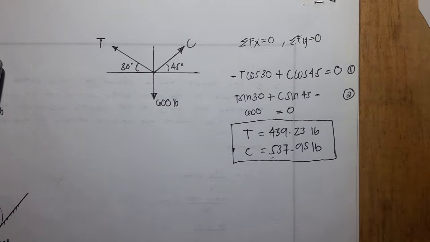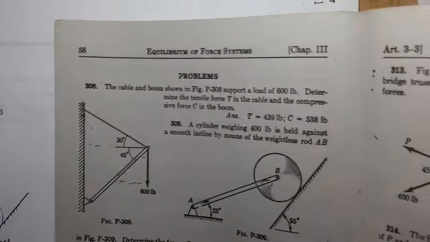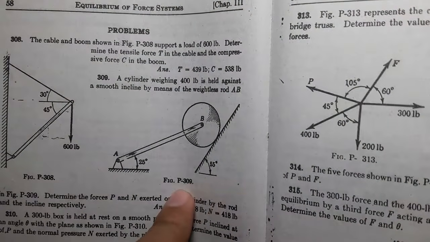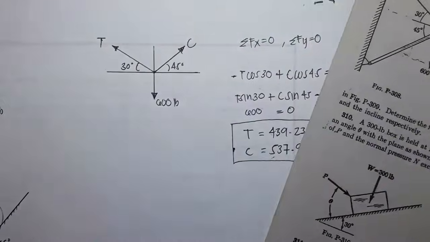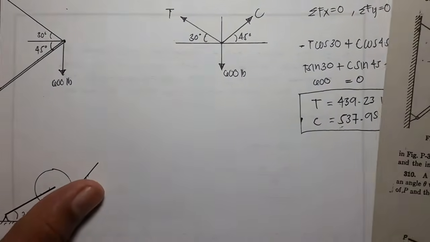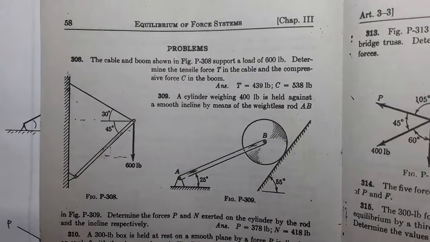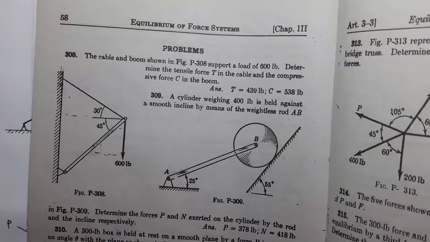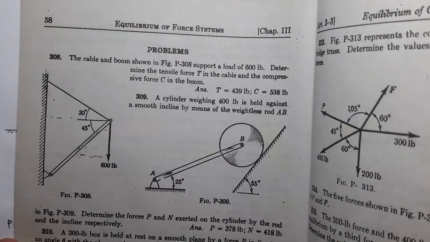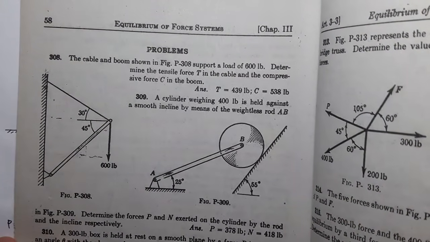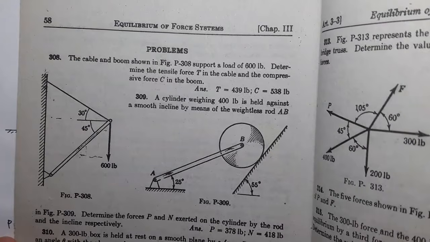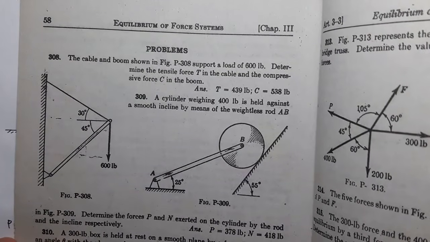Now we will solve another one, which is problem 309. Also, I already drew the problem. The problem states that a cylinder weighing 400 pounds is held against a smooth incline by means of the weightless rod AB.